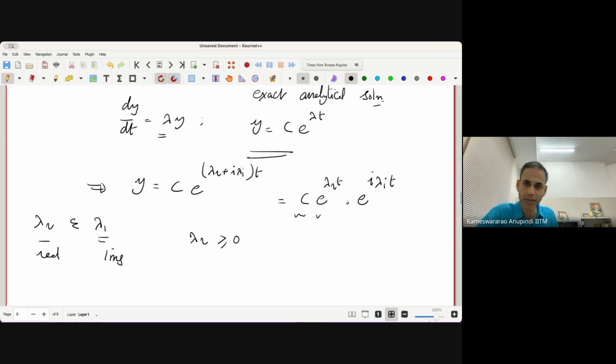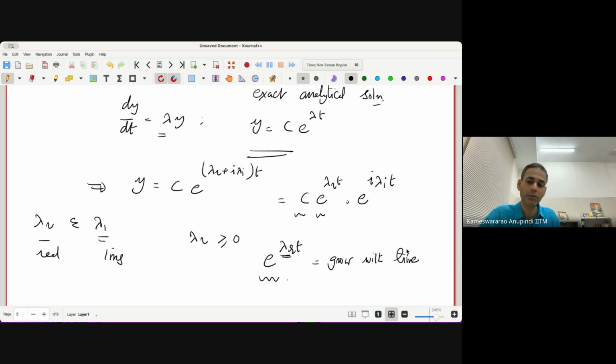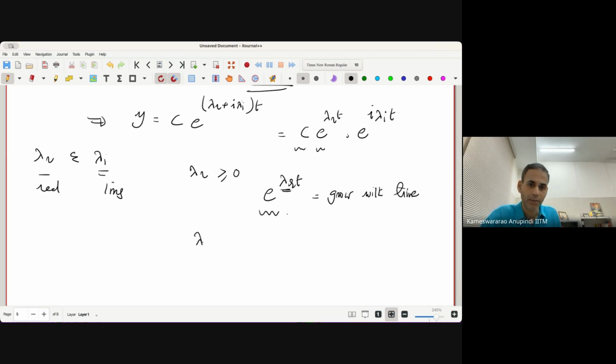Let us say c is some constant. So e to the power lambda r times t. If lambda r is positive, then this component of the solution is going to grow with time, right? If lambda r is less than or equal to 0, then e to the power lambda r t is going to decay with time.